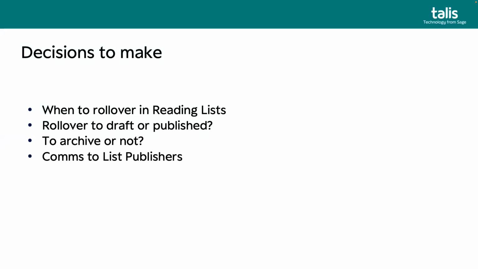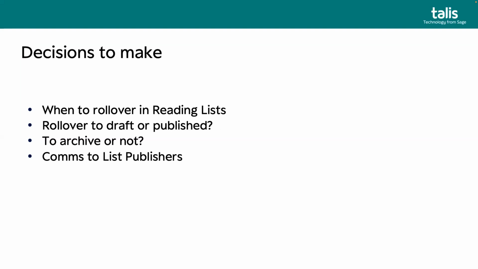The alternative approach is to publish all of your lists as soon as you do rollover, so they're available for students to view straight away. If you have a time period which doesn't start until, say, September, there will be a clear message at the top of the list saying, this time period does not start until September. So it should be clear to your students that this is next year's list.